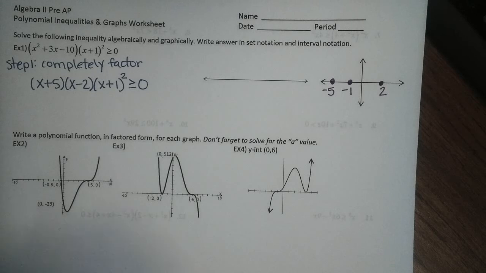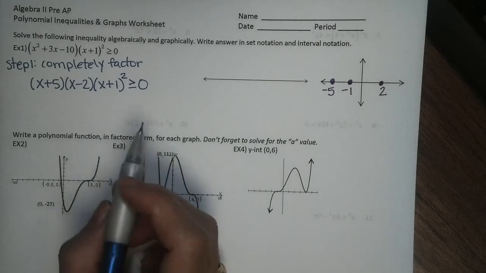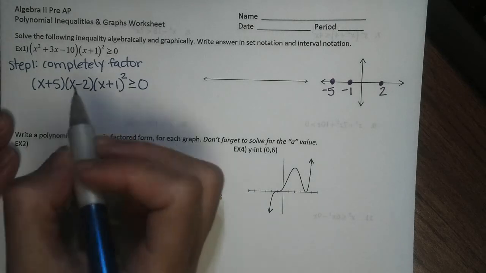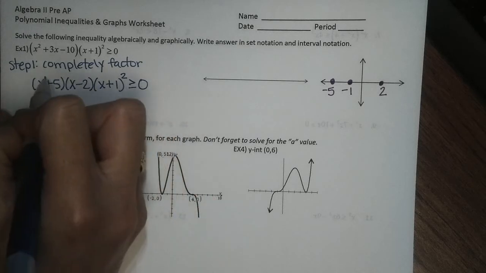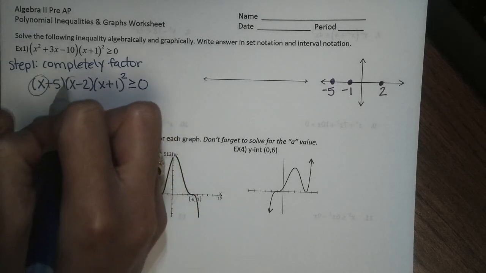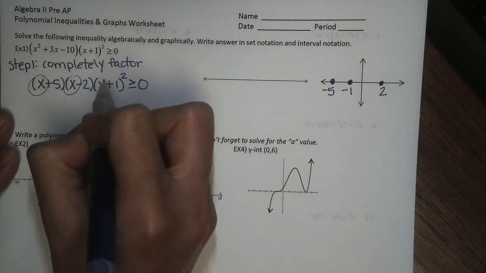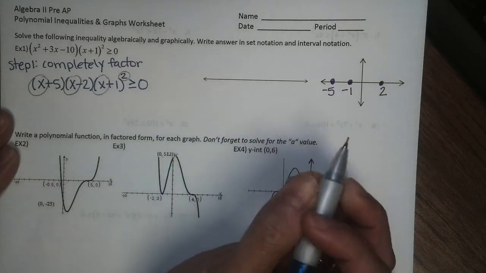The next thing you'll need to graph a polynomial is the end behavior. Remember I showed you on our last lesson, to find the end behavior, we need to find the leading coefficient. So I need to take the x times an x times an x squared.